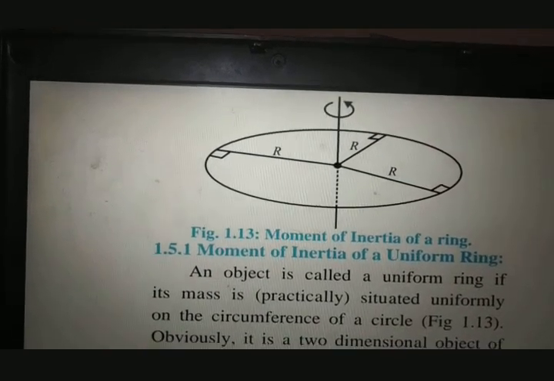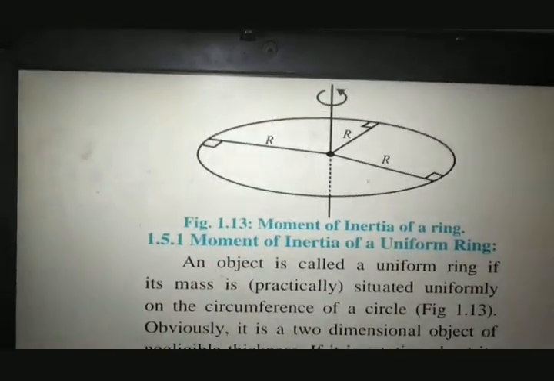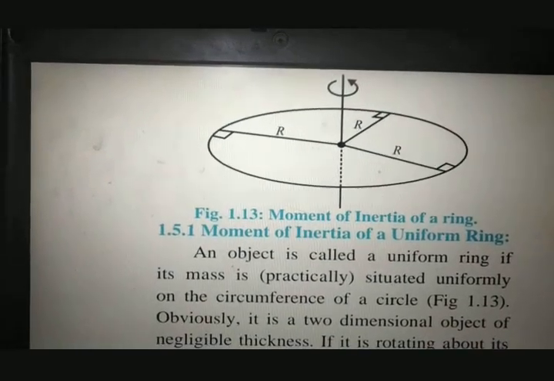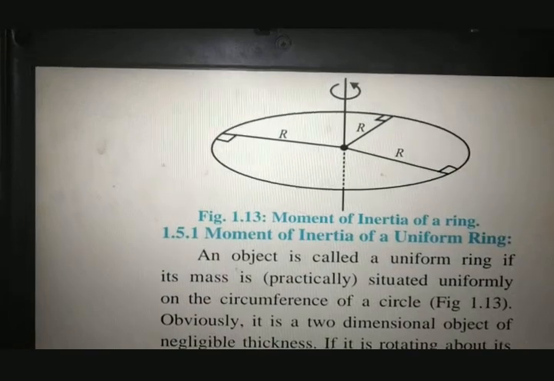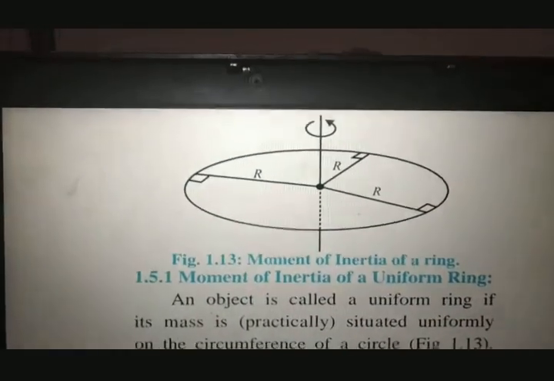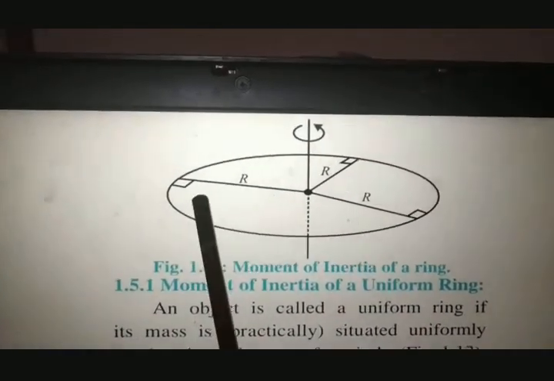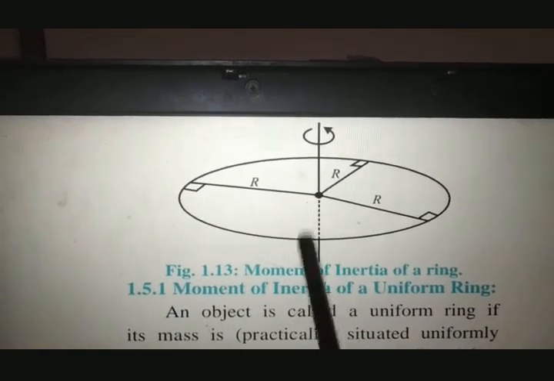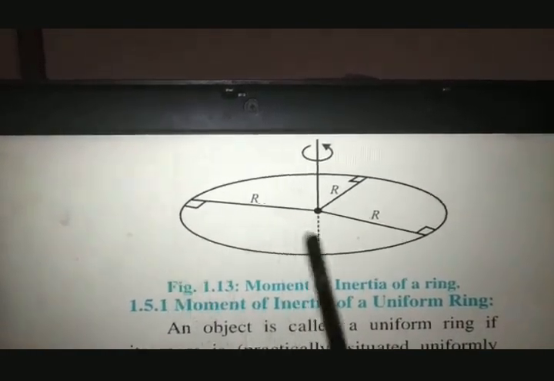In your syllabus there are two applications given to you. The first is the moment of inertia of a uniform ring. Now see this diagram. The ring is shown over here and this is the axis of rotation about which the ring is going to rotate.